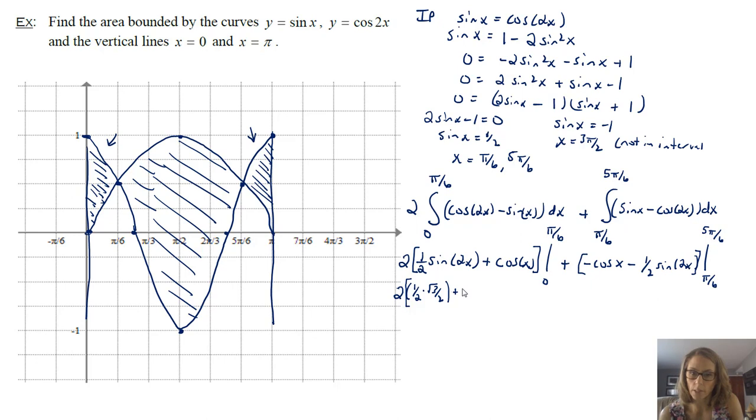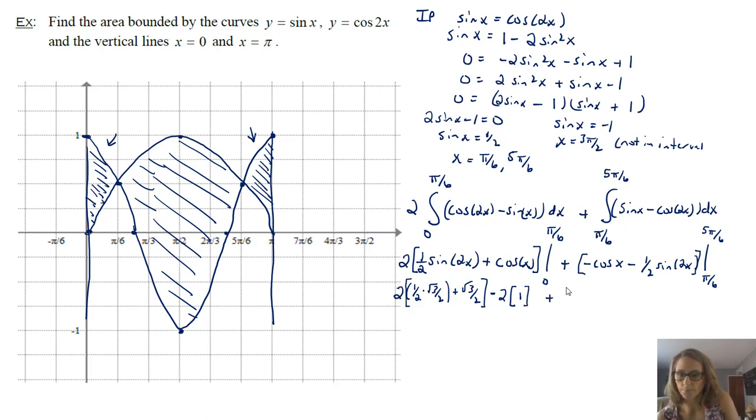Cosine pi over 6 is root 3 over 2. All right, but then you have to subtract what you get when you put in 0. So you're going to have sine of 0, which is 0 times 1/2, so that's fine. And then cosine of 0 is 1. All right, so we have that first piece.